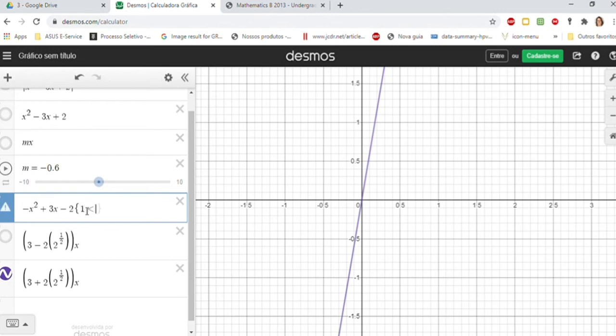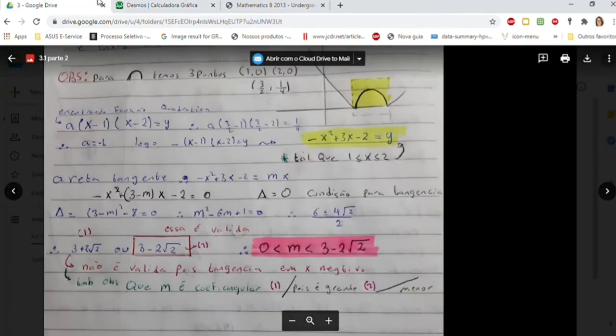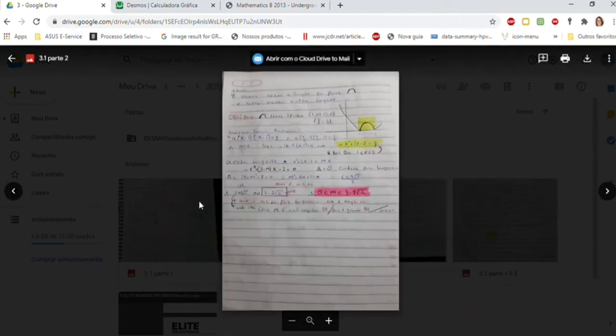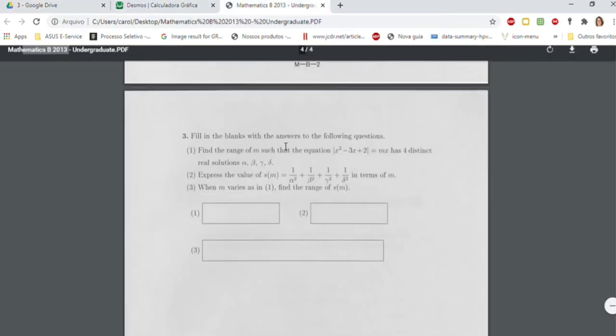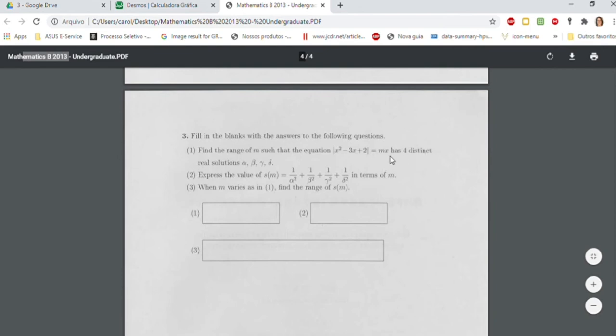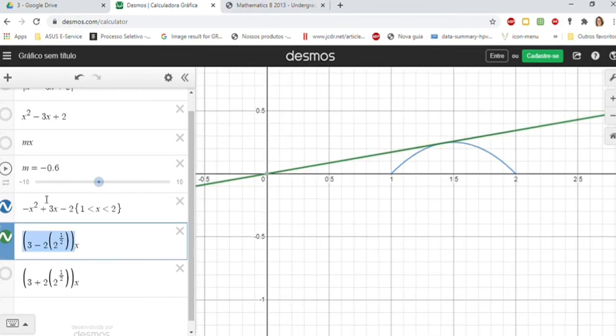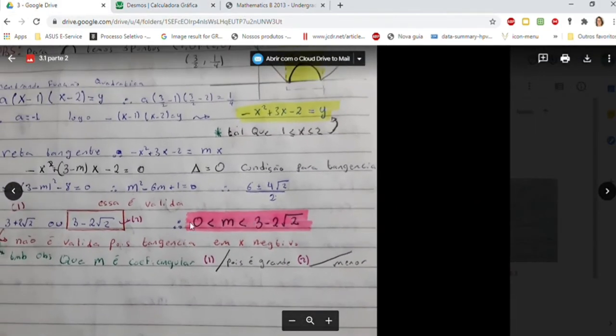So x between 1 and 2. And now you have this m equal. Now we solve the first part of the question. Well, for this part to have 4 distinct solutions, m needs to be bigger than 0 and smaller than this number over here. Okay, this is what I'm saying over here.